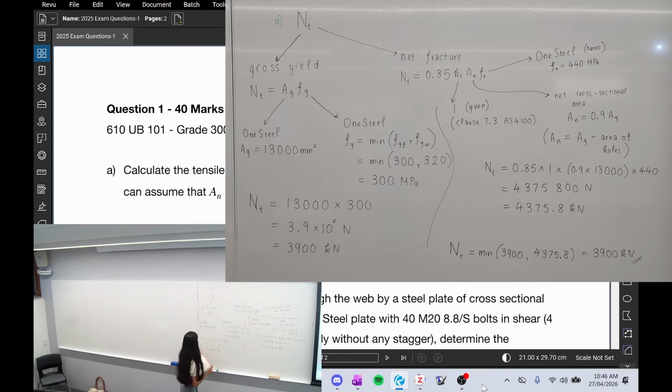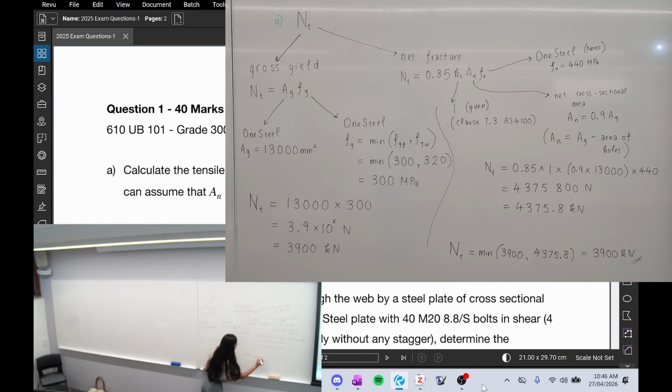Cool. So now we found the tensile capacity using both of the failure modes, gross yield and net fracture. We want to take as the overall tensile capacity the smaller one of these two, because the smaller one means that that is the failure mode that you'll have first. So that is the one that we want to take. So our overall NT is just going to be the minimum of those two.